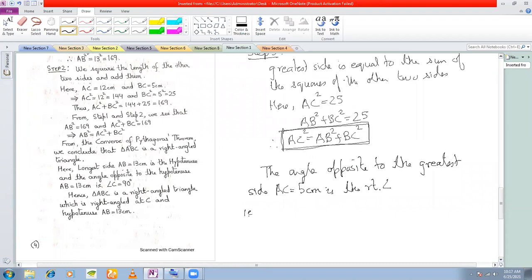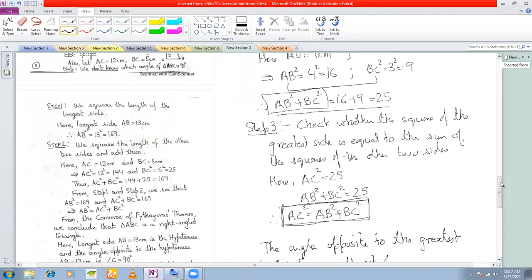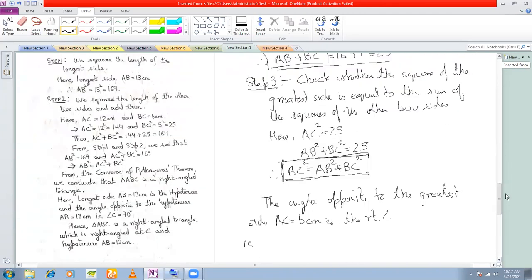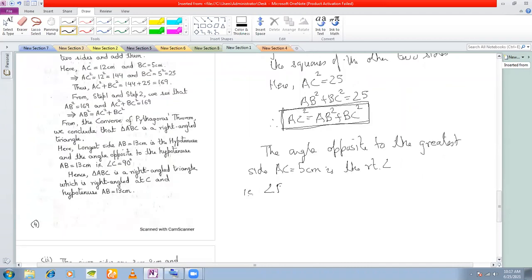That is, in this case, the way I have drawn the triangle, angle B is equal to 90 degree. That is, we say triangle ABC is right angled at B. This is the converse of Pythagoras theorem.